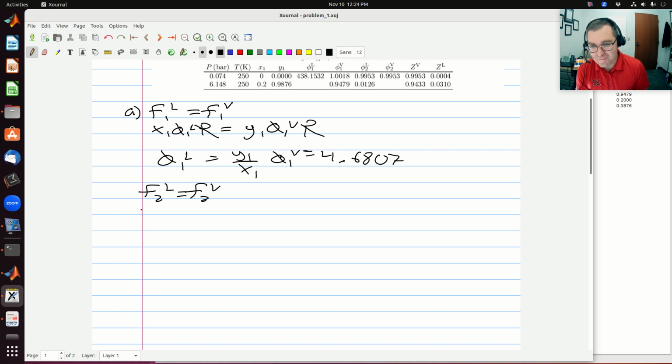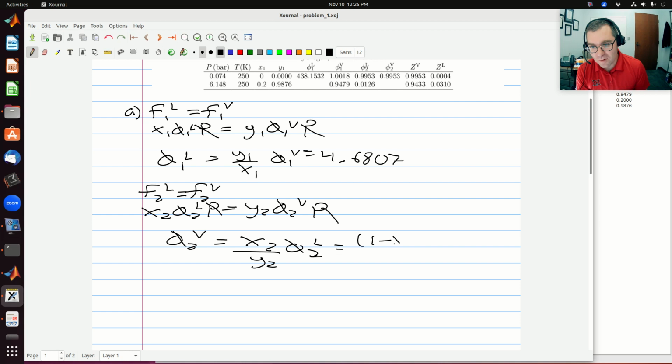So expanding, x2 times phi2L times P is equal to y2 times phi2V times P. My pressures cancel, and so I'm going to end up with phi2V is equal to x2 divided by y2 times phi2L. And just for completeness, x2 is 1 minus x1, y2 is 1 minus y1, times phi2L.